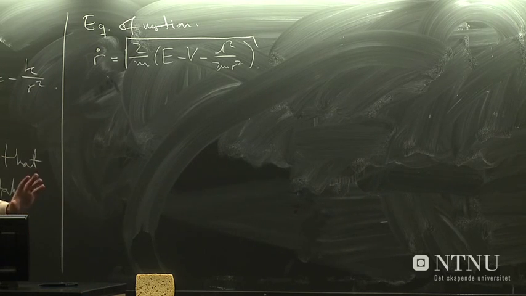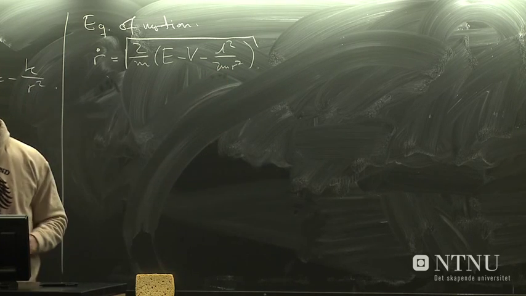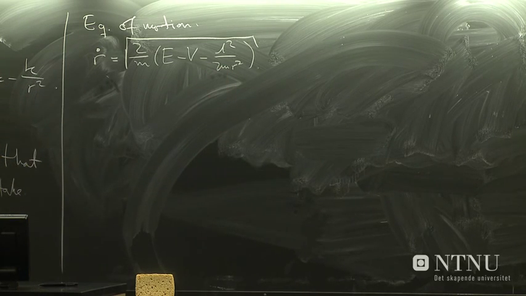The reason for this is that we managed to eliminate the angular dependence by using the conservation of angular momentum, which we substituted in here. So we use that theta is a cyclic coordinate if the Lagrangian only contains central potentials.